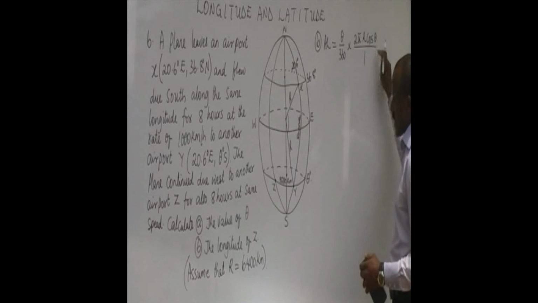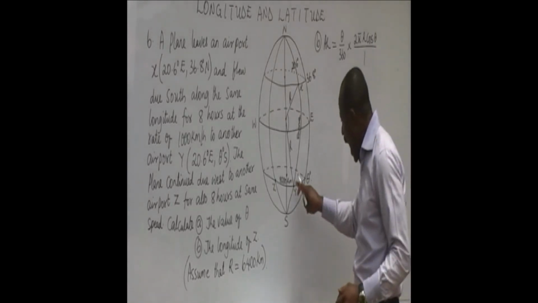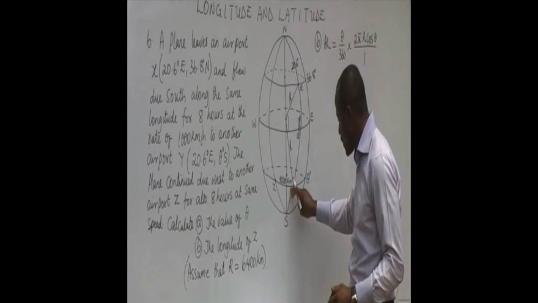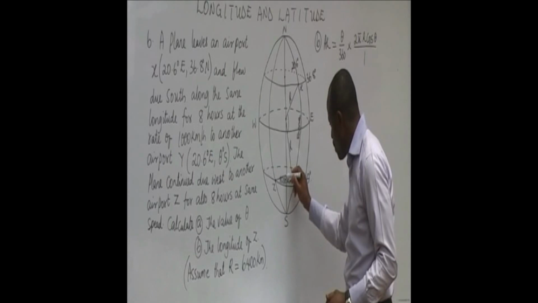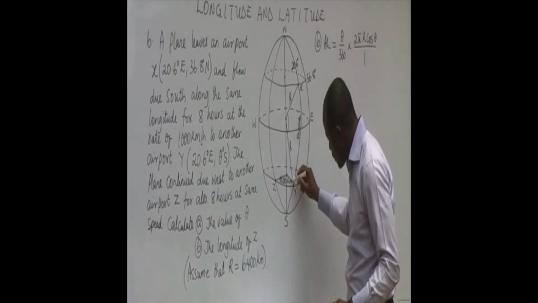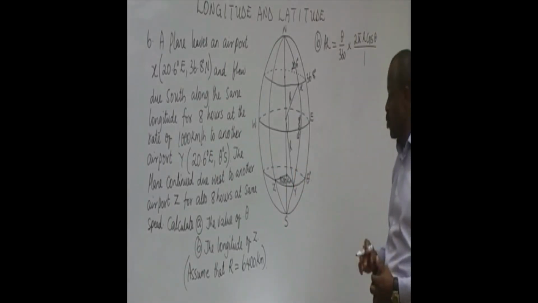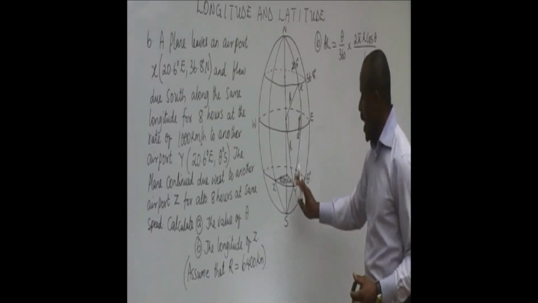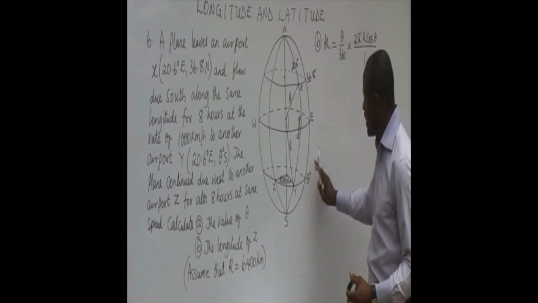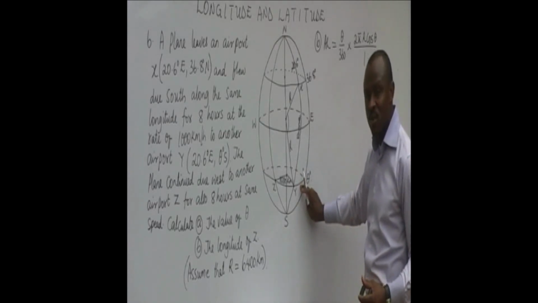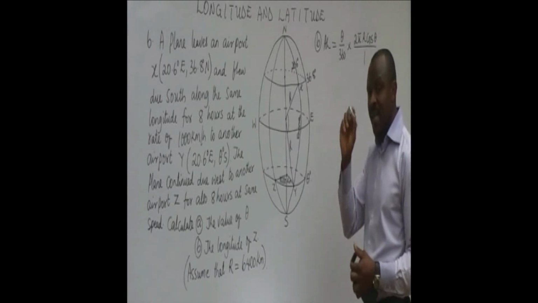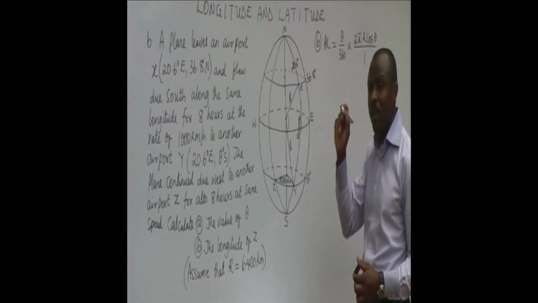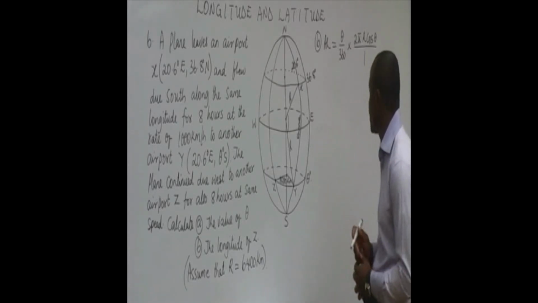Remember, this cosine theta is the angle of this latitude, not the angle these two airports subtend to the center of the circle of latitude where they are. That one will be the first theta. The second theta is the angle of this latitude, which we have calculated in question number A to be 34.79, approximately 34.8 in one decimal place.